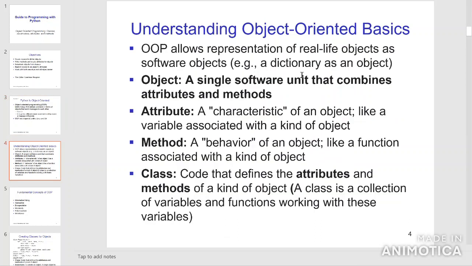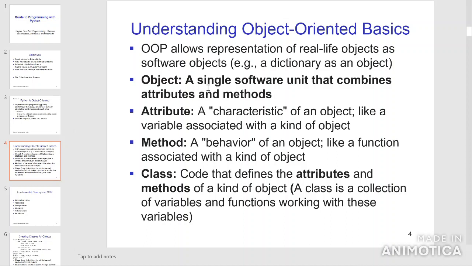For object-oriented programming, there are several concepts you have to understand. An object is a single software unit that combines attributes and methods. Inside an object, you have methods and attributes. An attribute means a characteristic of an object, like a variable associated with the object.